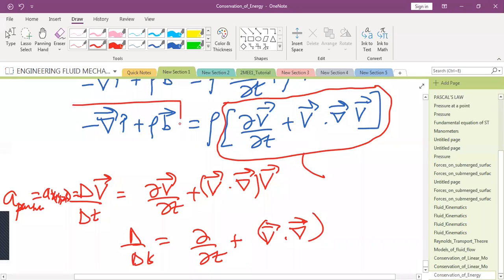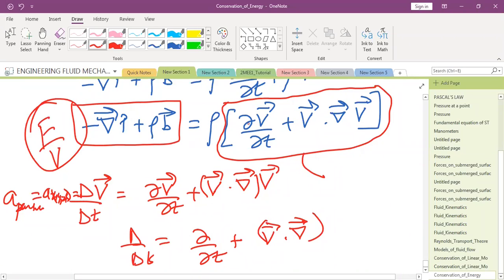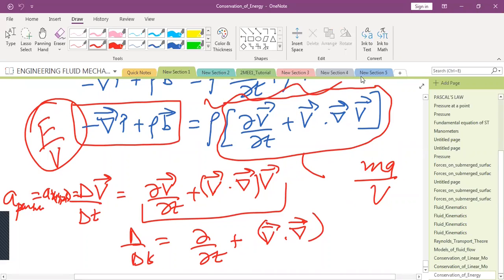So this was the sum of all forces per unit volume. This should equal to what? Mass times acceleration per unit volume. If this is acceleration, mass was rho into volume. So you divide it by volume, you get this expression only.